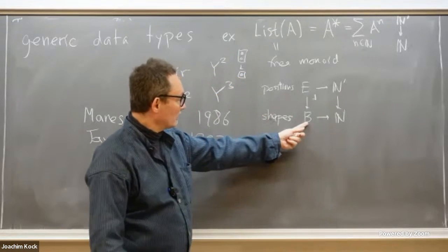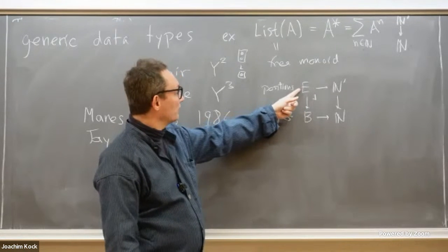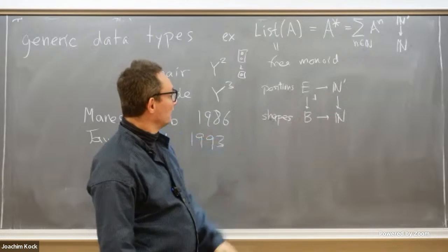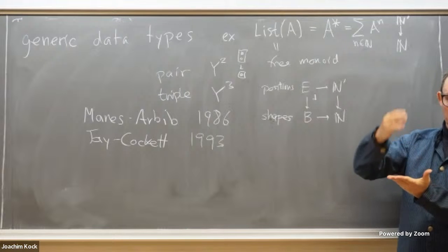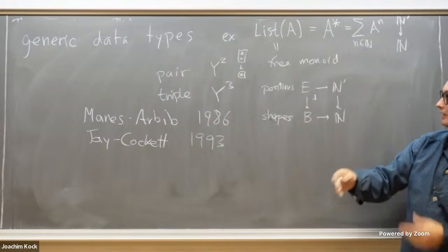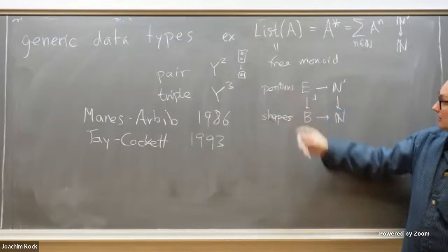So if you take the shape 7, then the numbers 0 up to 6 are the positions in that shape. So this is how you navigate, like a cursor. You want to read something from your data type. You first say the shape and then you say the position.